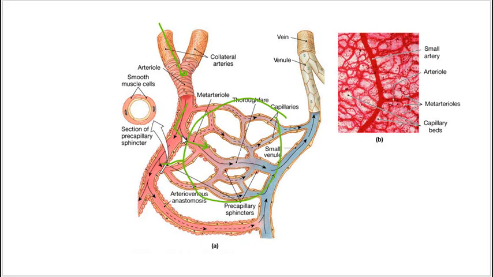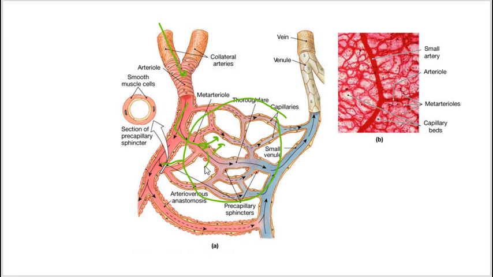What you see is the intensity of color decreases from red and becomes more blue, and that indicates the concentration of nutrients and oxygen. Red indicates more oxygen and more nutrients, and as it goes more to the blue, that means less oxygen. Oxygen flows out of the capillaries and enters the interstitial fluid.